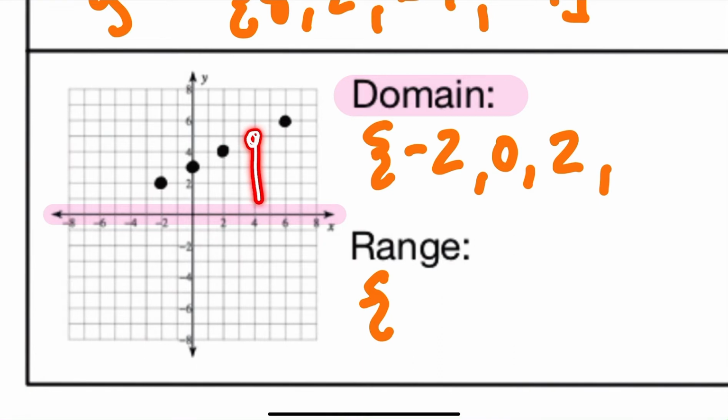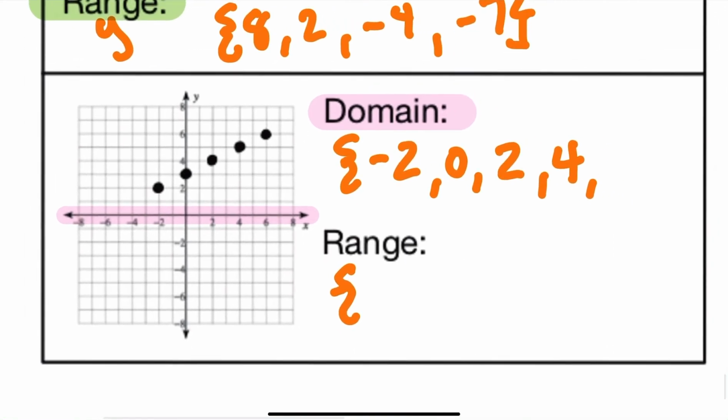Next dot, I'm at 4. Next dot, I'm at 6. So I'm going to put a 6. So I found my domain by looking at where all of my dots would fall on my x-axis, okay?